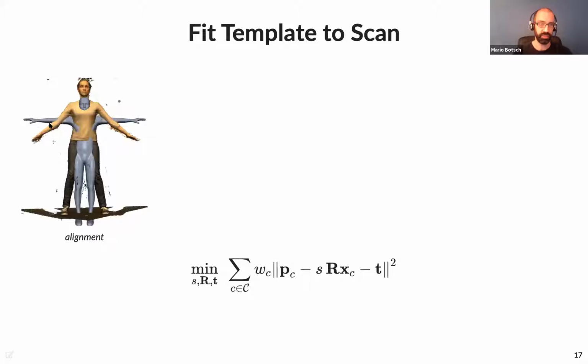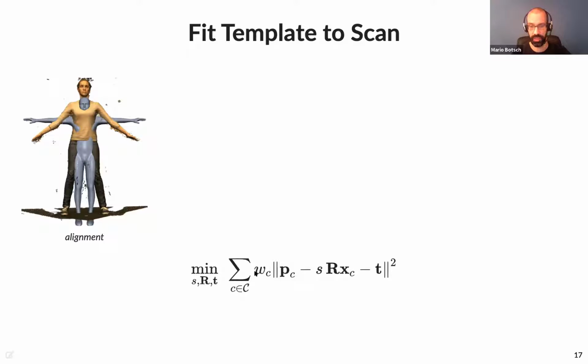On the left, we see the point cloud in color and the template model that we want to fit to the point cloud in gray. The first step is we optimize for scale S, rotation R, and translation T, such that the two models closely fit. And the fitting term is just a sum of squared differences of corresponding points, like in ICP, where we have the points in the scan, these are the P's, and we have points on the model, those are the X, and we have a couple of closest point correspondences, those are the C, so they are indexed by C. So we sum over all the corresponding points.